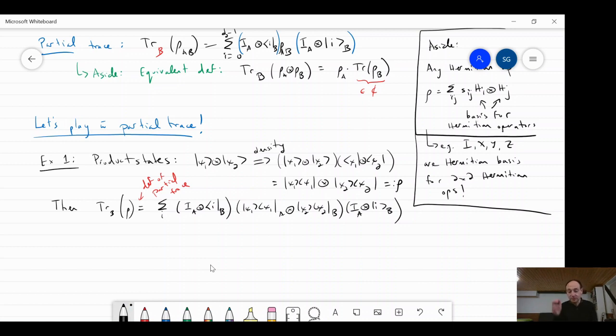Okay, and now we'll just move the brackets in. So this is the sum over i. By the properties of the tensor product, everything on A will get paired together, and everything on B will get paired together. So it plays very nicely. So on system A, I have identity times psi1 times identity, so literally nothing happens.